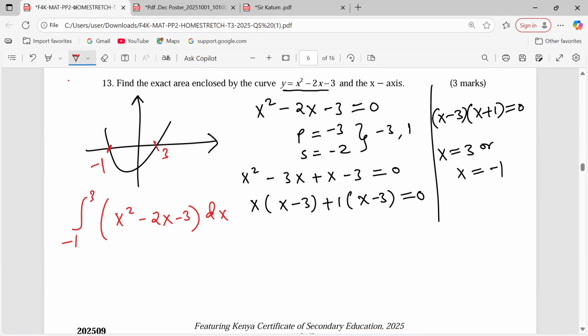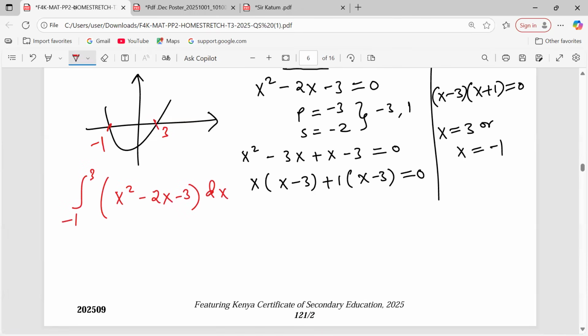So this is called a definite integral. Are we coming? So let's integrate now from -1 all the way to +3.